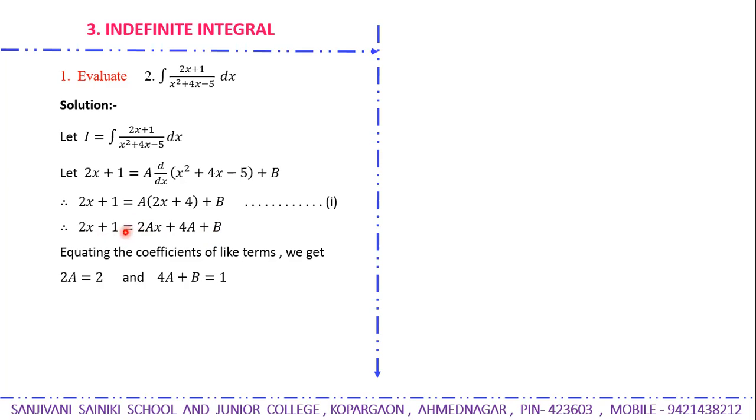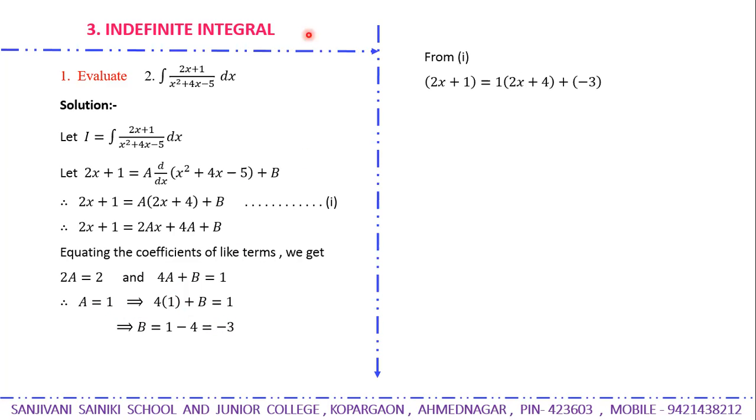Equating the coefficient of x, we get 2a is equal to 2 and 4a + b is equal to 1. Now a is equal to 1 implies b is equal to minus 3. So I is equal to 1 into (2x + 4) plus (minus 3) upon (x² + 4x minus 5).